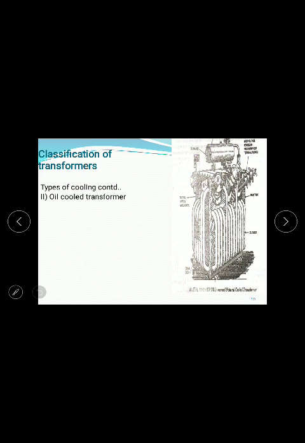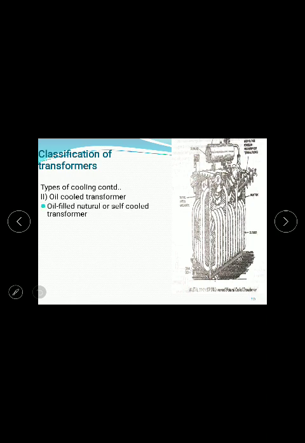Higher load means we get high current in the winding, and from that current the winding will be heated. So for the purpose of winding coolness, we use oil in the transformer. By using oil, we can cool the transformer.